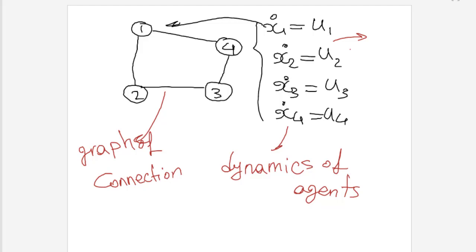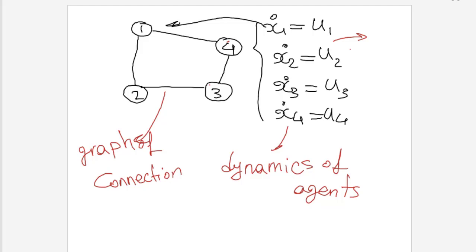In large scale systems and multi-agent systems, there are two things in describing the system. One, the graph of the connection. Two, the dynamic of the graph. For example, agent 1 is a robot, agent 2 is a robot, agent 3 is a robot, agent 4 is a robot.